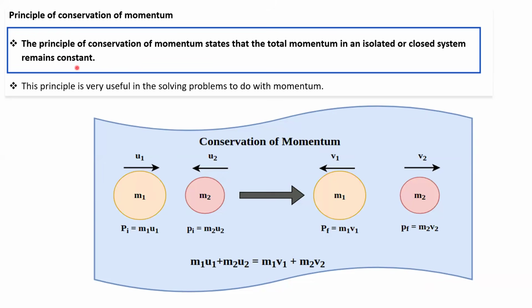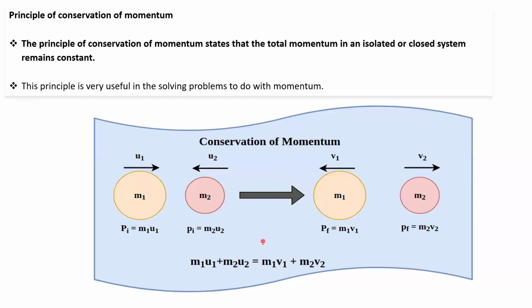That's what it says. And this principle is very useful in solving problems to do with momentum. In fact, all momentum problems are solved by the principle of conservation of momentum. And that's how you write it for 2 marks in the exam.